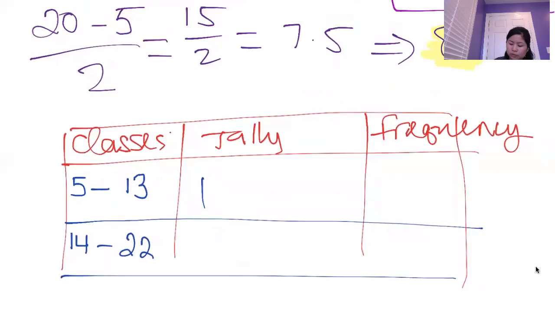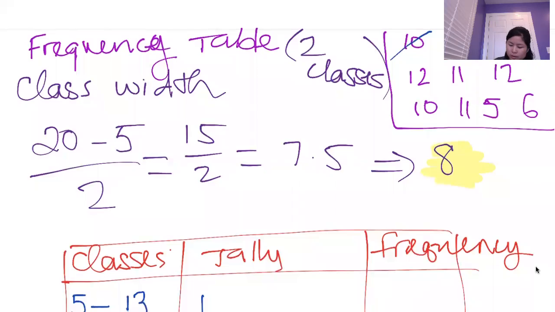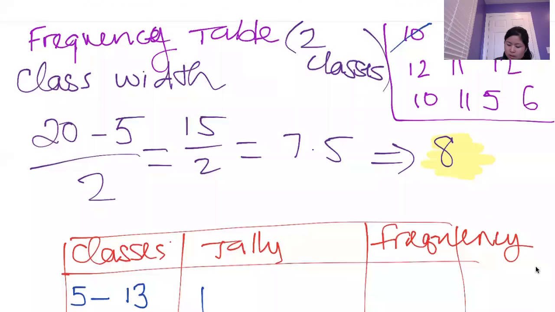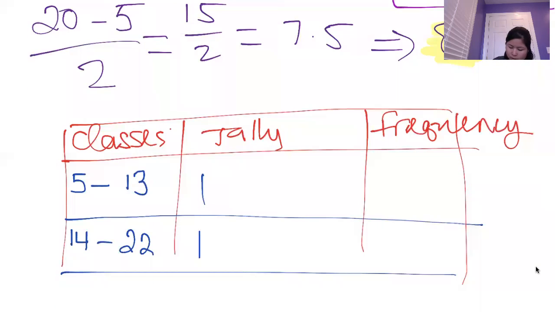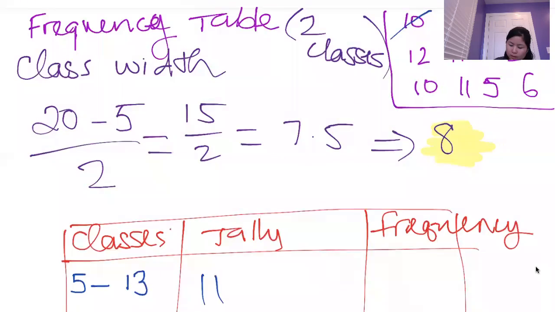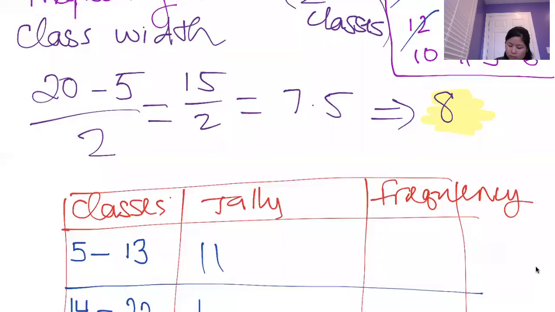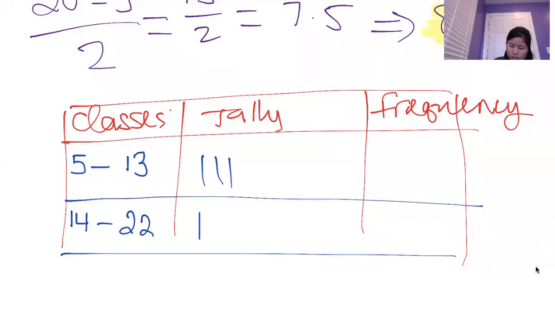Move on to the next one, which is 20. 20 belongs here in the second class, right? That's my tally. Then I have 11. 11 should be in the first one. And then I have 12, which is right here.